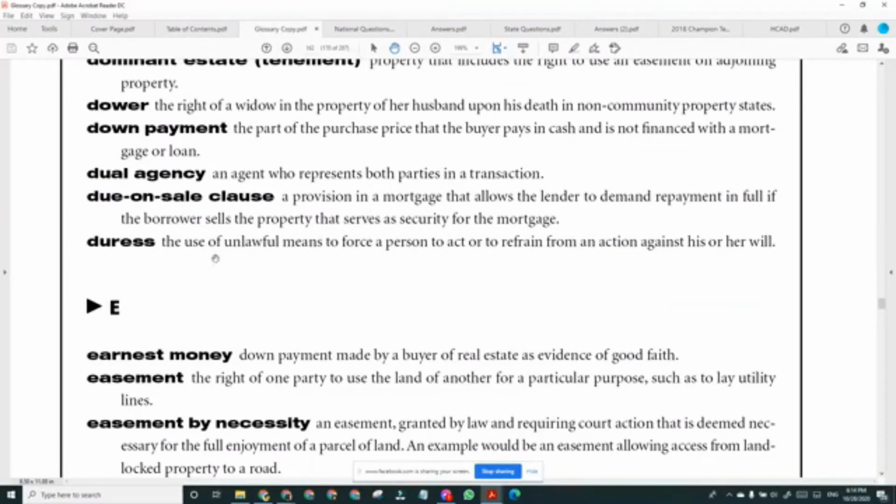So duress, the use of unlawful means to force a person to act or to refrain from an action against his or her will. So if somebody is being forced to buy a property with scare tactics, or they're sick, that will not be a valid sale, because it's being done under duress.